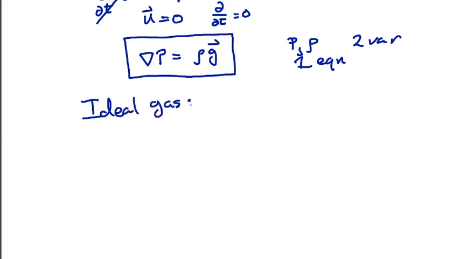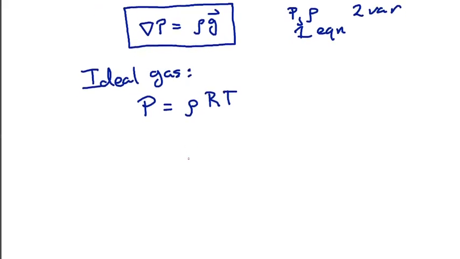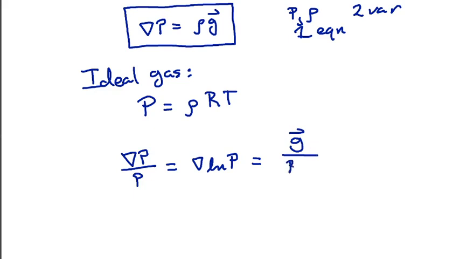An ideal gas has an equation of state where the pressure is given by the density ρ times the gas constant R times the temperature T. If we plug these into hydrostatic equilibrium and rewrite it in a clever way, then we get that ∇p divided by p, which happens to be the gradient of the logarithmic pressure, that's just from ∇p over p is ∇log p, that's true for any system, is equal to g vector over RT.